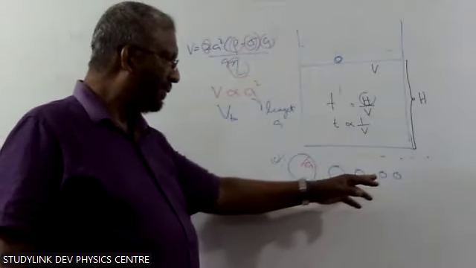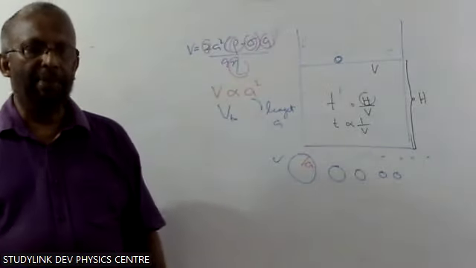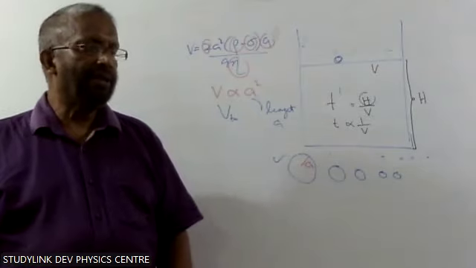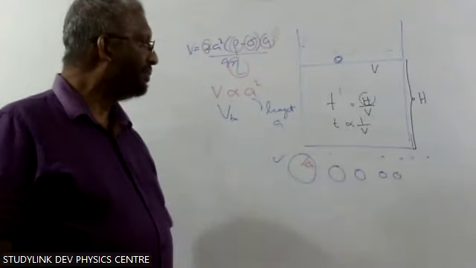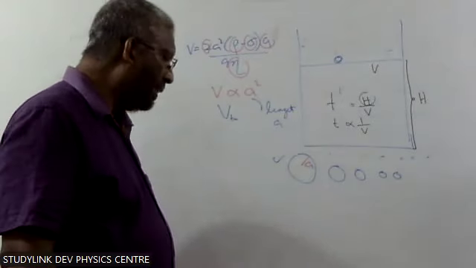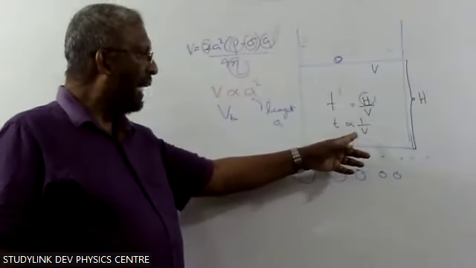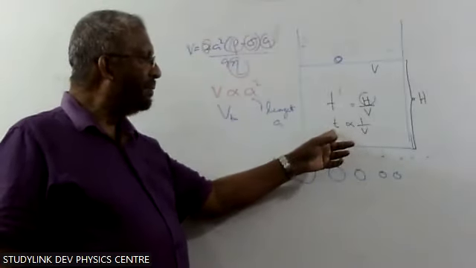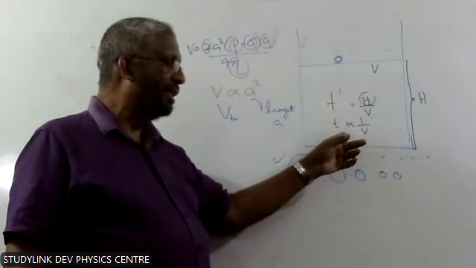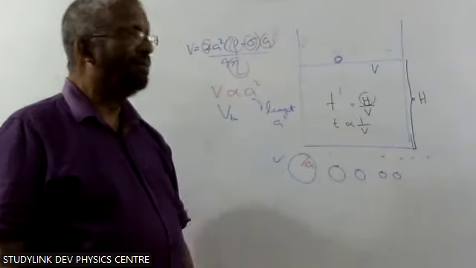Then we can say, next one: the particle with the smallest radius gets the smallest terminal velocity, and the time taken to reach the bottom has the largest value.